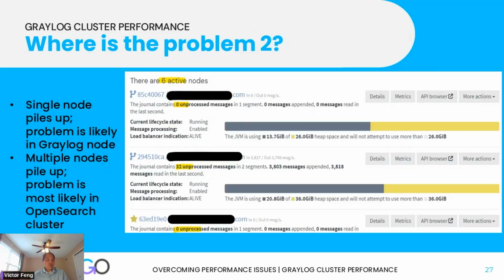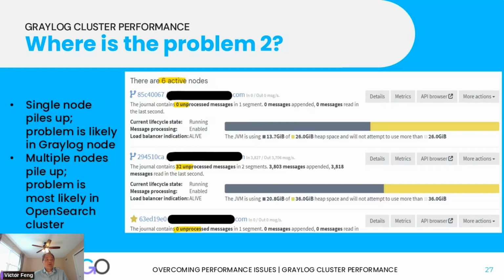Now, let's look at another scenario and add on a little bit, getting a little more complex. For the ones who have multiple Graylog nodes, if you have only one node piled up, the problem is likely in the Graylog node.